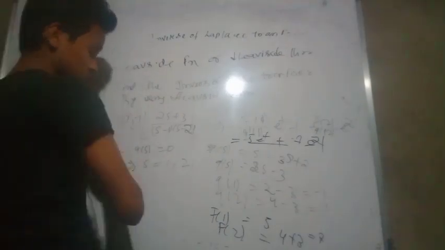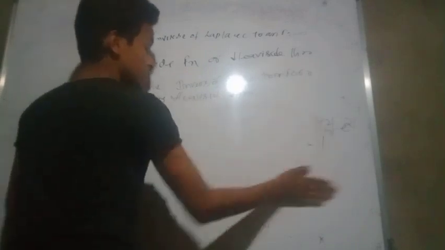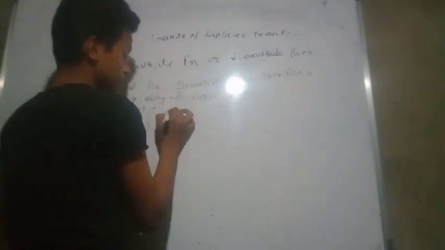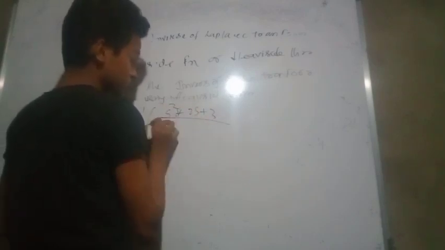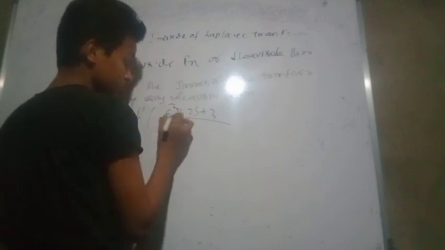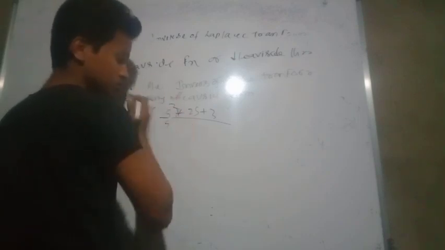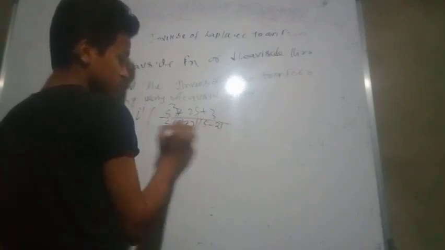I am reading it. Find the inverse of the Laplace transform: s cube plus s square plus 2s plus 3 upon s cube minus s square plus 2s minus 2. Can you find it?